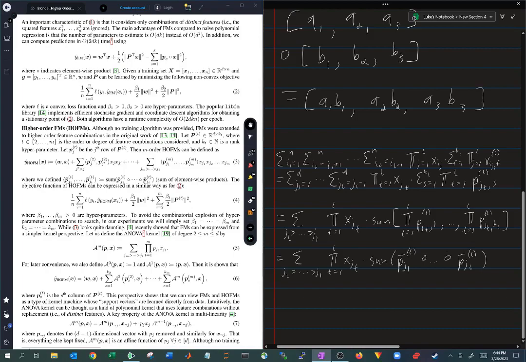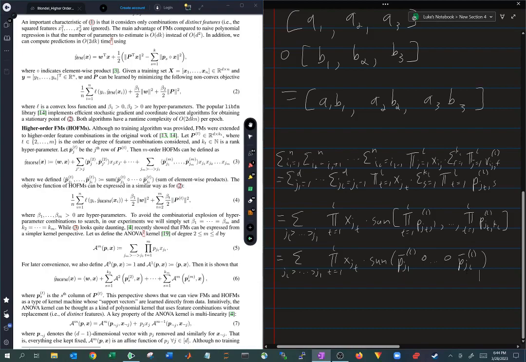And the vectors that appear in here are row pj1, then row pj2. By row, I mean the row of the matrix. So the row vector pj1, the row vector pj2, all the way up to the row vector pjl.